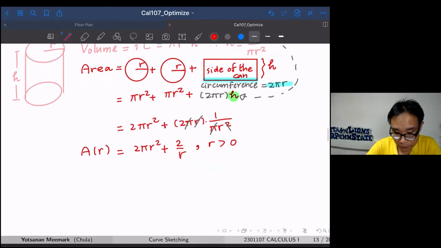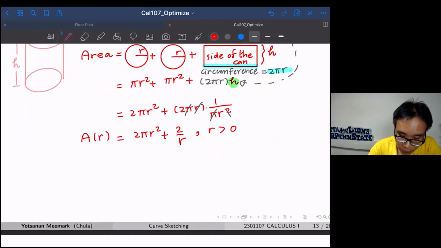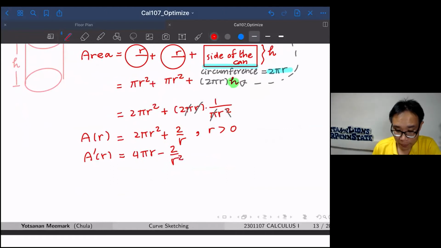Okay, so in this case you're going to differentiate. So it's going to be 4 pi r minus 2 over r square. Okay, and you're going to find the critical number by letting this equal to 0. So you will get 4 pi r cube equal to 2.